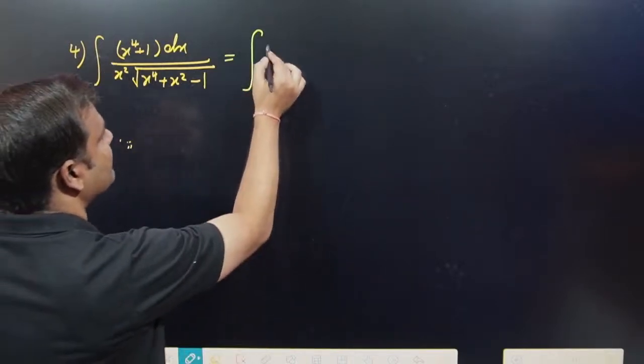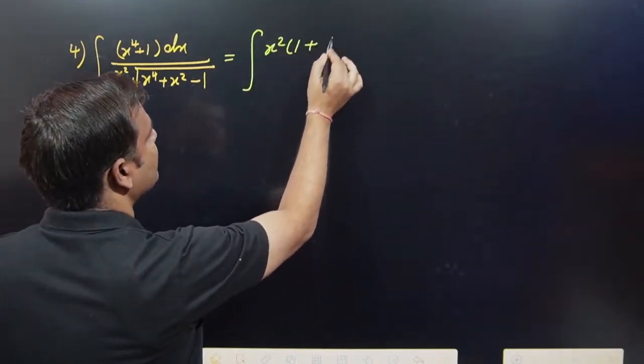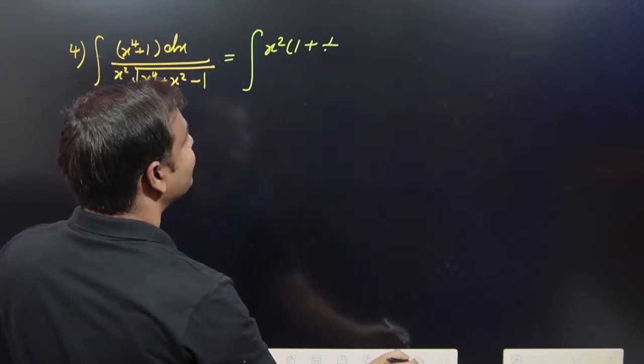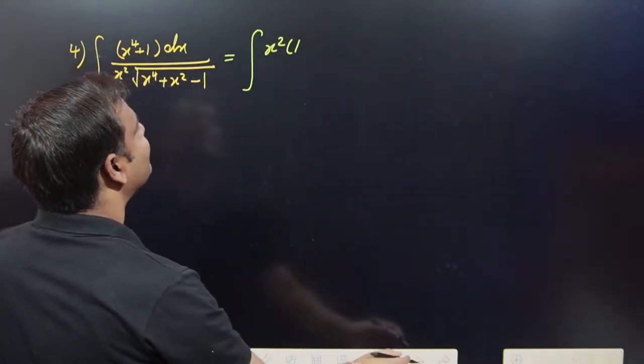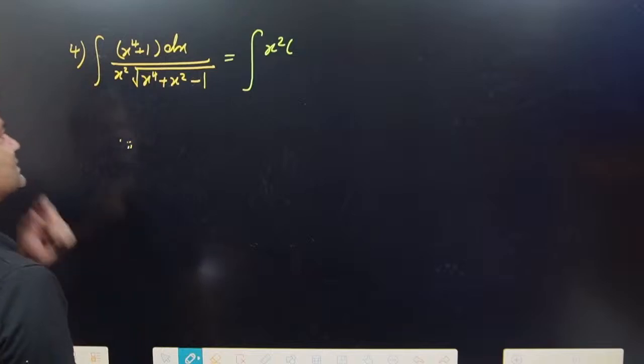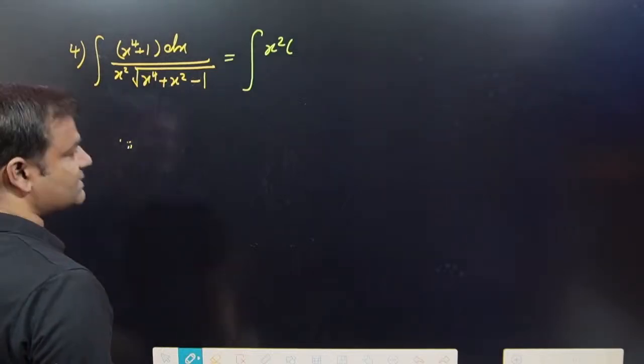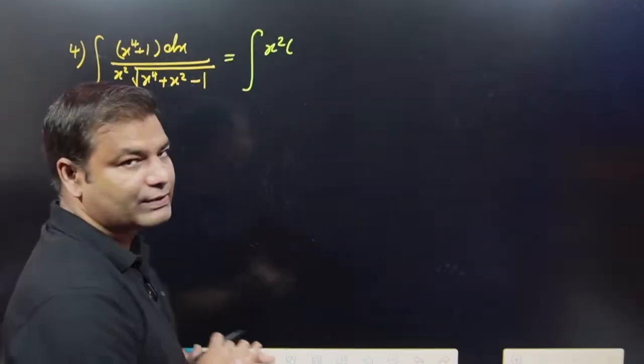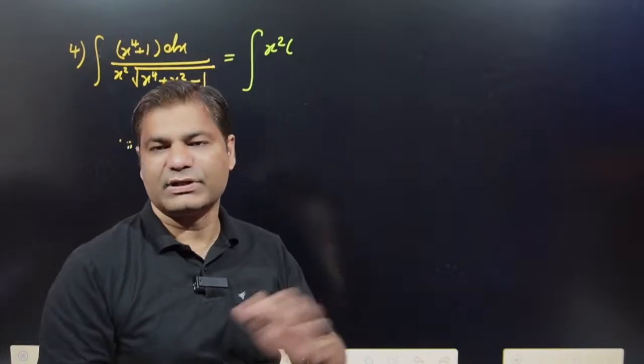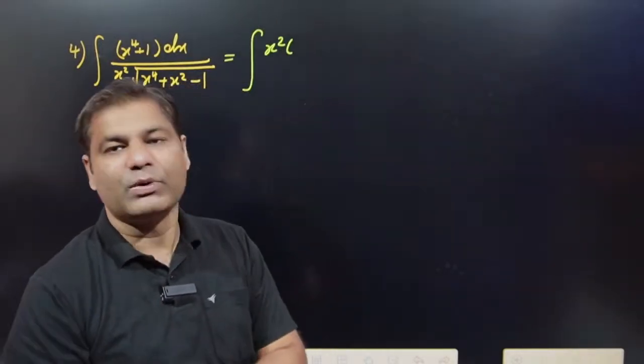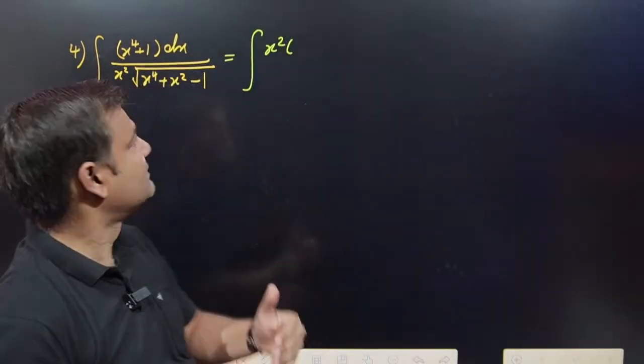Here x square is common, then this one is written 1 plus 1 by x, sorry, if x square is common, first of all try. Okay, you can do this question by a lot of methods. So first of all try one by one. How can we try?